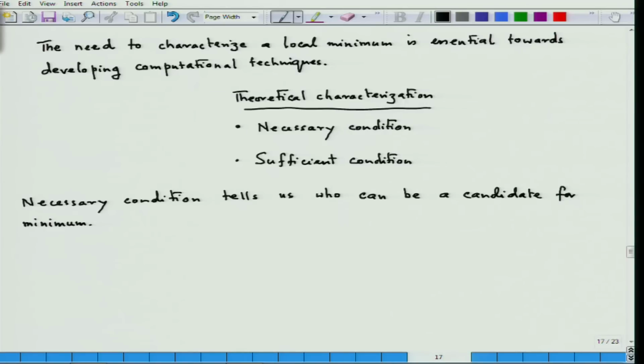Now, if it tells you who can be a candidate for a minimum, what should it do?